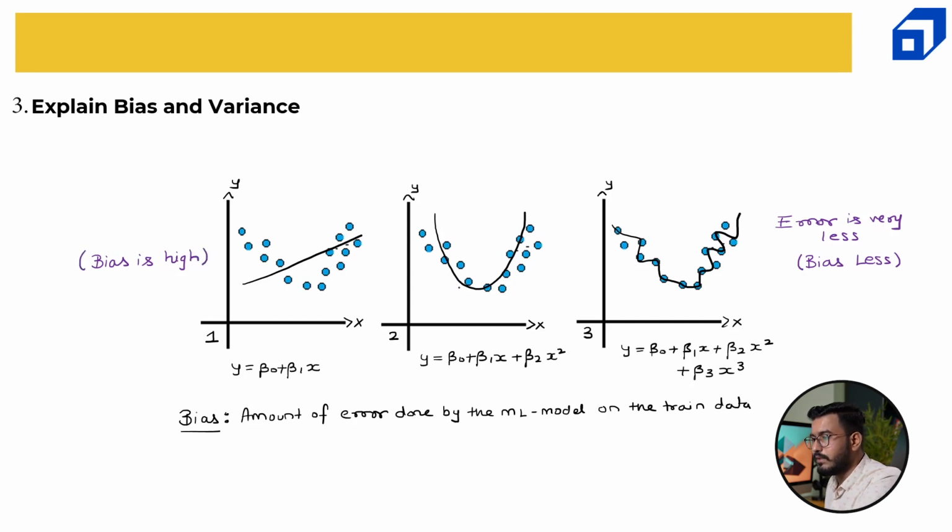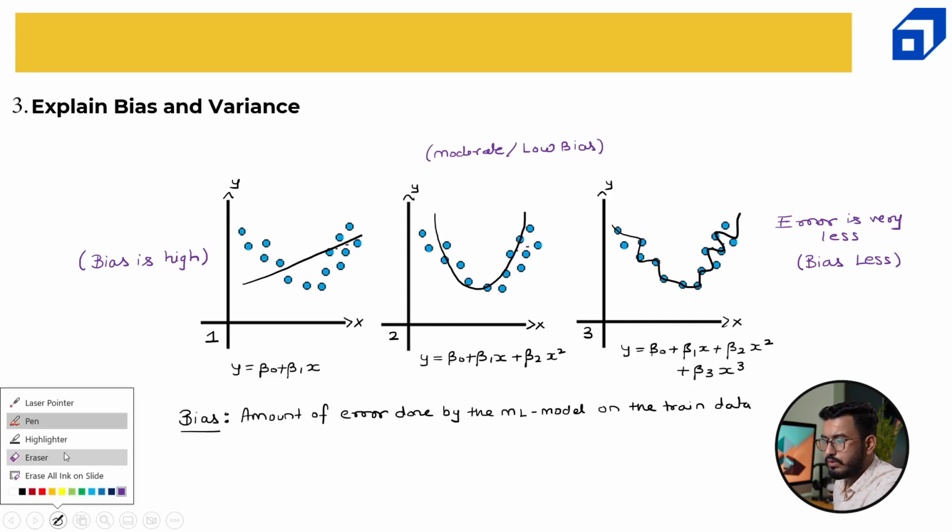If I talk about the model number 2, the between model, now here neither the data points are very far away nor they are very close, but they are in between. So it will be neither very high nor very low, but I will say it is moderate or low. So I'll say moderate or low bias for the between one, for the model number 2. That's what the bias is.